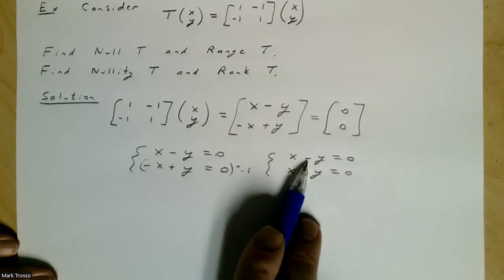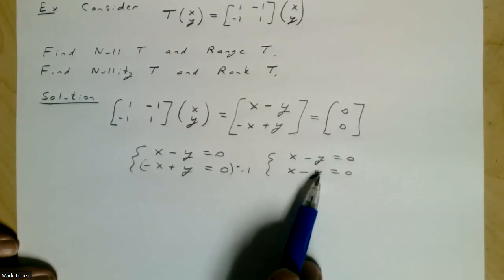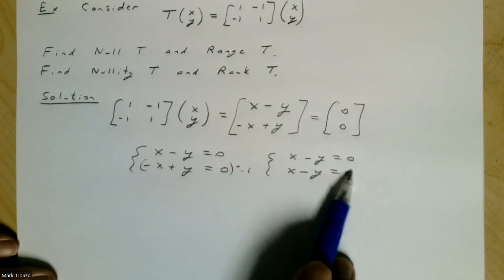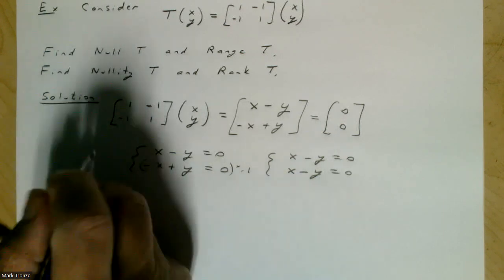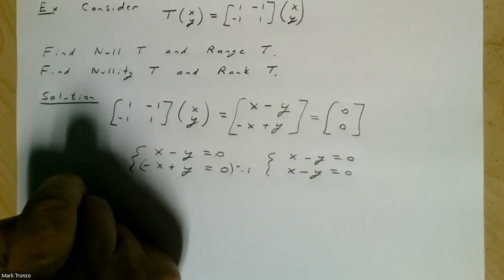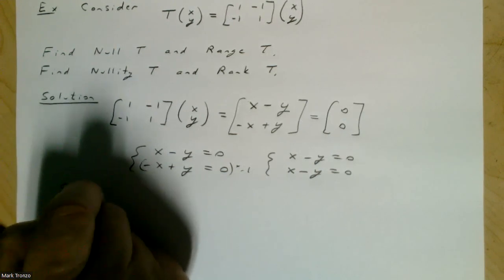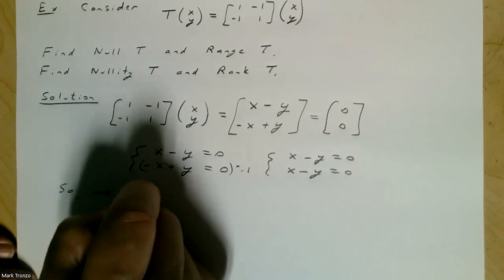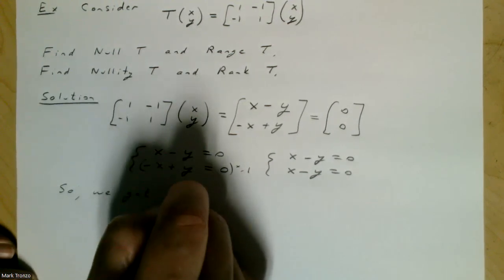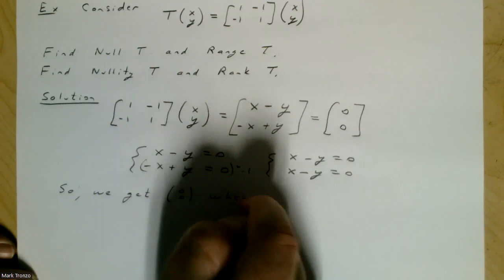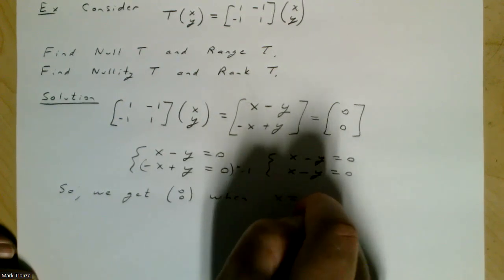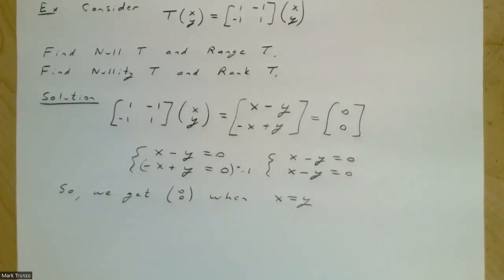Both are the same. So what is going to make this 0? We get the 0, 0 vector when x is equal to y, or y equal to x, however you want to say it.